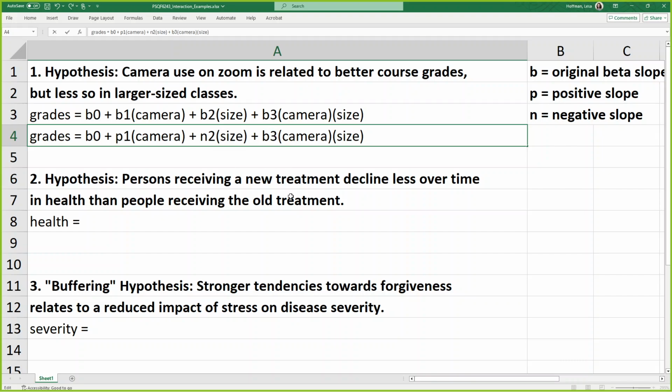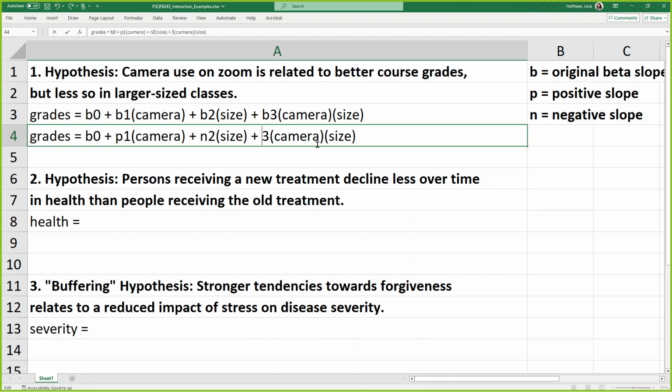Now the interaction term. Camera use on Zoom is related to better course grades, but less so in larger classes. Which pattern is this? Is this a more positive, less positive, more negative, or less negative? Less positive. Camera use is related to grades, but less so in larger classes.